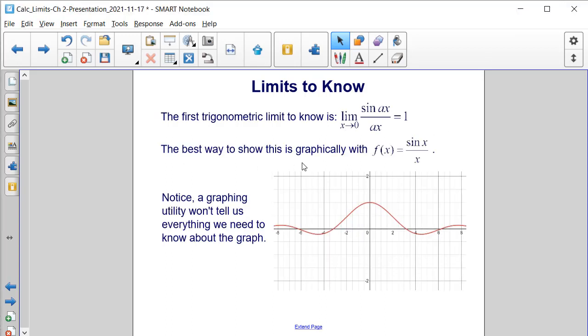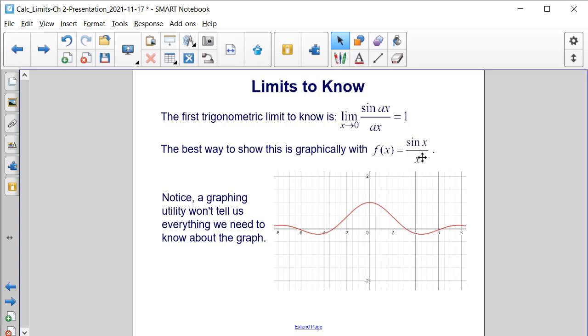The best way to show this limit is to do it graphically with f of x equal to sine of x divided by x. Notice when we graph sine of x divided by x, the utility won't tell us everything we need to know. For example, if we substitute 0 in, the sine of 0 is 0 over 0.